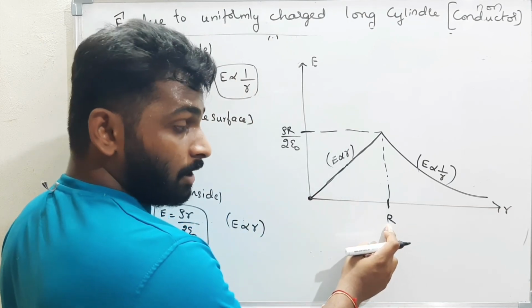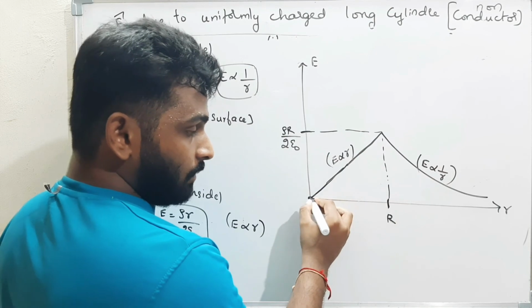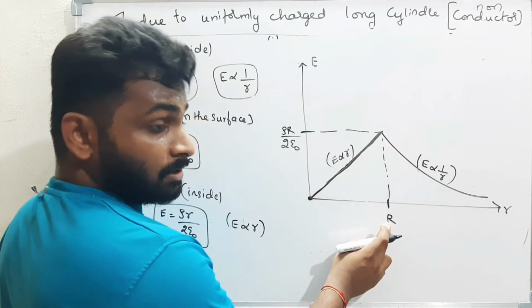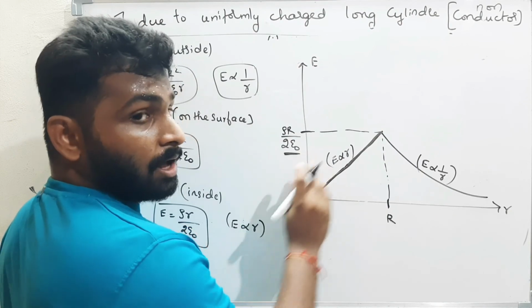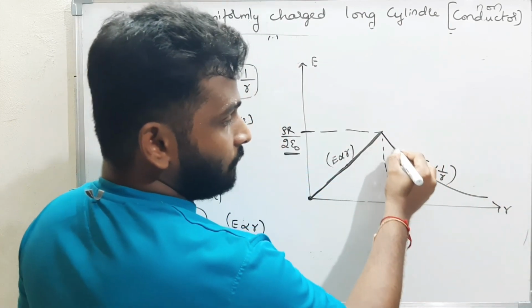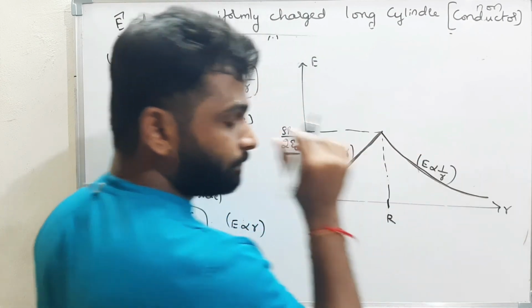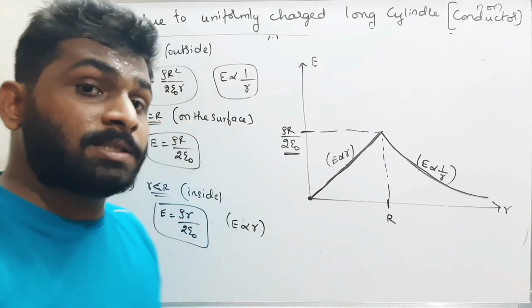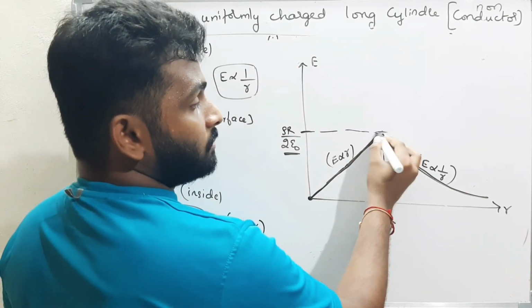Till capital R, that means till the surface, the electric field gradually increases. It is linear. Once it reaches capital R, then the electric field is this much. After capital R, that means when the point is outside, the electric field gradually decreases. And now it is clear how the graph is. And what is the maximum electric field? This is the maximum electric field.